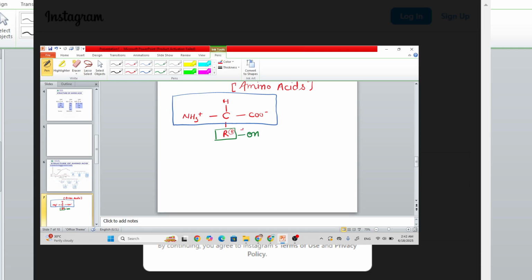If it contains a negative charge, it is a negatively charged amino acid, and if there is no charge, it is polar uncharged.